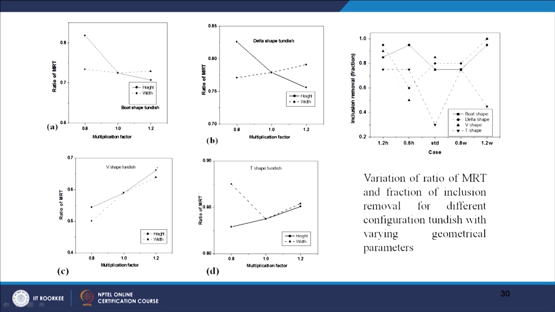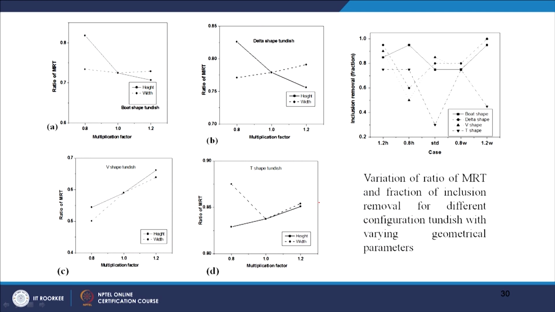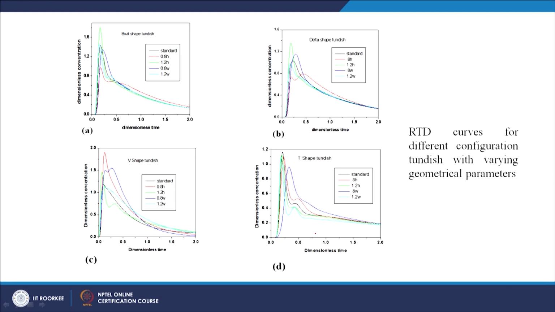You see that this is quite high. 1.2 height also is showing a better result, as seen by looking at those curves. If you go for the T shape, you see the 0.8 width is showing the minimum one, and that is why 0.8 height. This is 0.8 height. So, that is showing the maximum one.